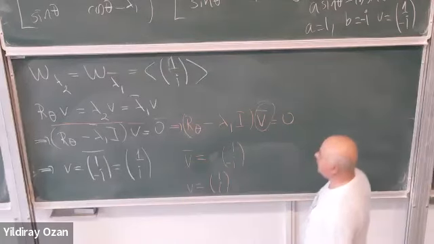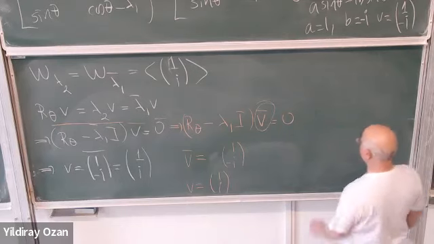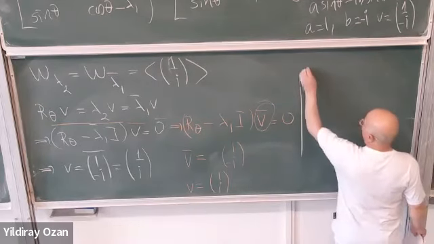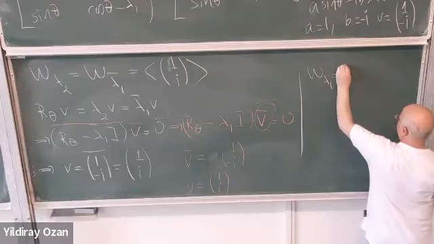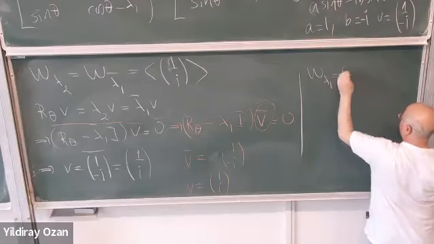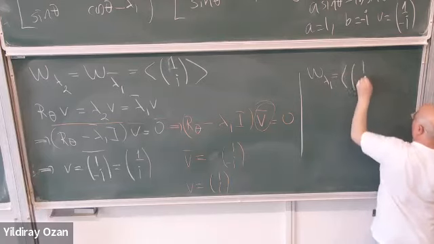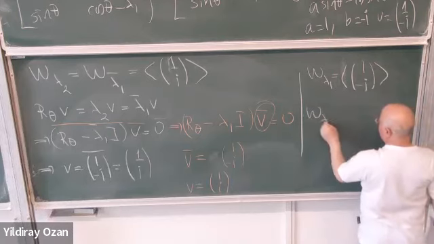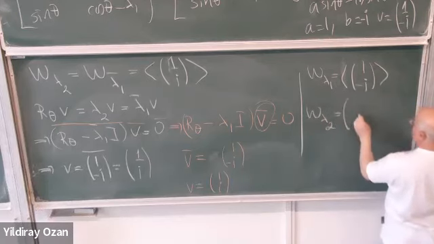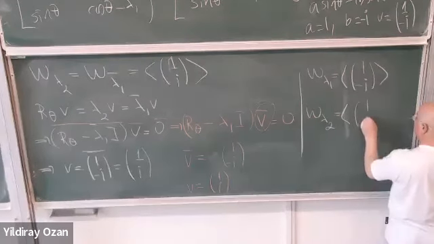I have obtained eigenspaces. So W lambda 1 is spanned by this vector, 1 minus I, and this one, 1 I.